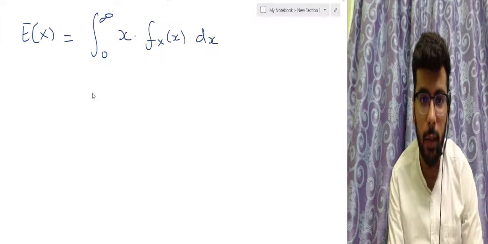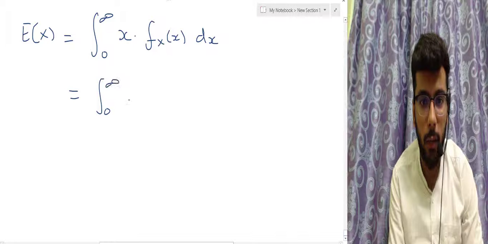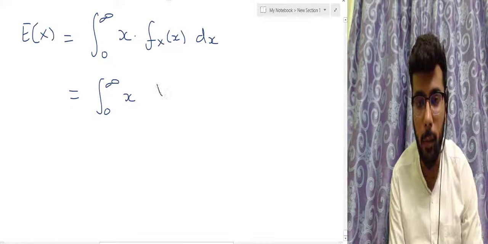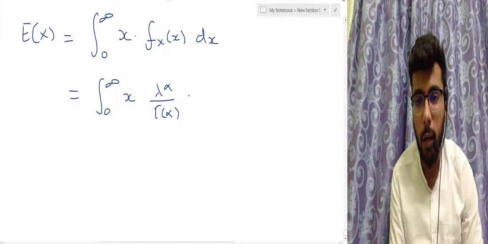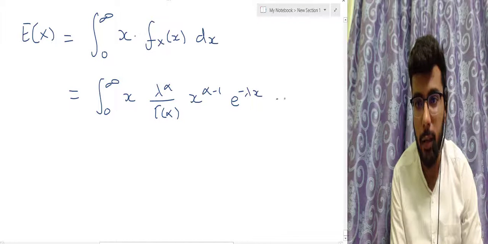Expectation of x is just integrating over the entire range x into f of x dx, which will be equal to integrating from 0 to infinity x into lambda to the power of alpha upon gamma alpha into x to the power of alpha minus 1 into e to the power of minus lambda x dx.